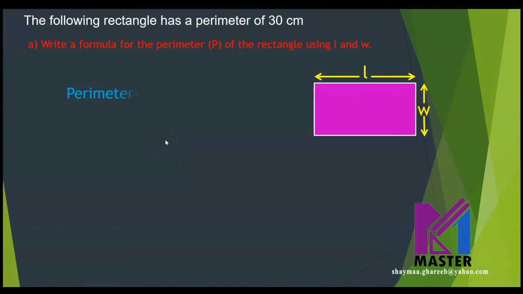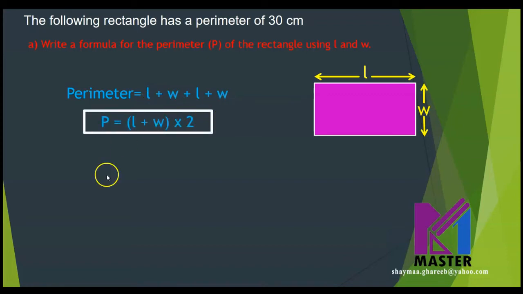And we said how to find the perimeter of any shape. We add all the sides. We have length, which is L, plus W, plus another L, plus another W. So it will be L plus W plus L plus W. We have another way to write this formula. We know that this L is equal to this L and this W is equal to this W. So if I add the length plus the width, then multiply it by 2, it will give me the perimeter as well.